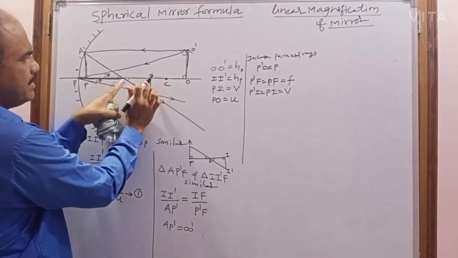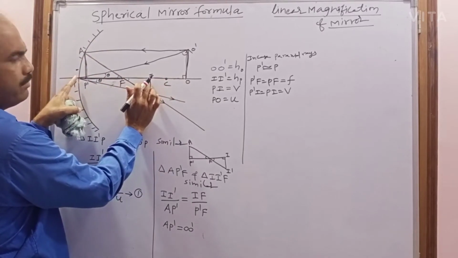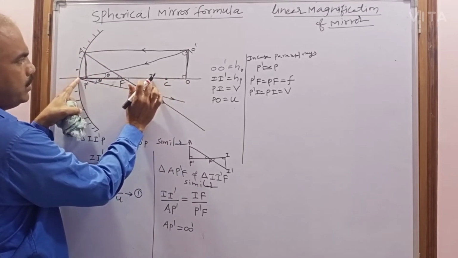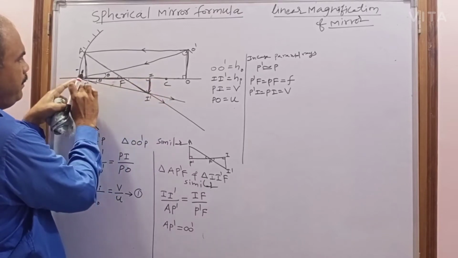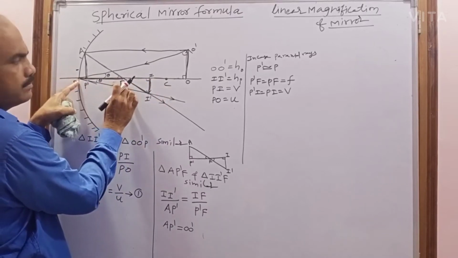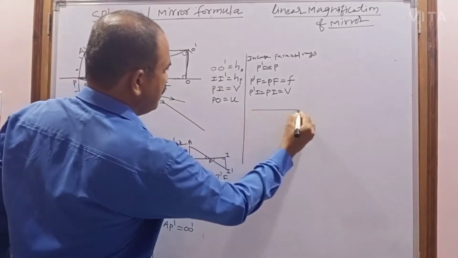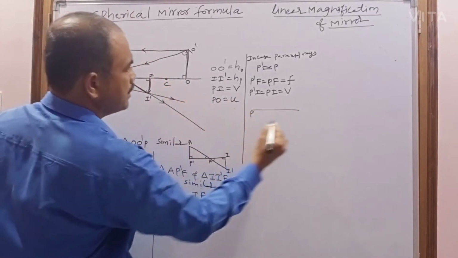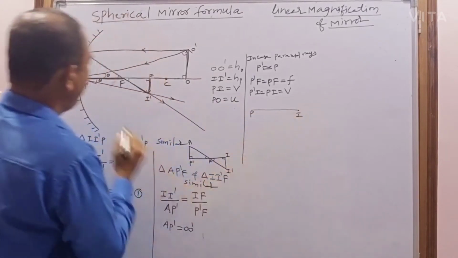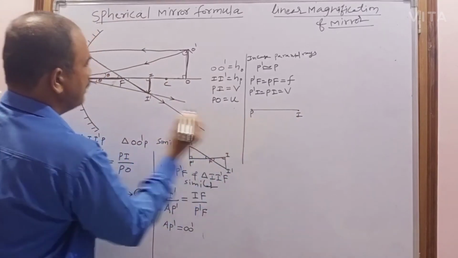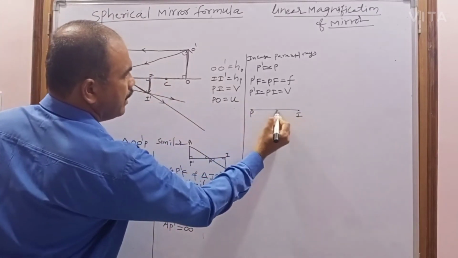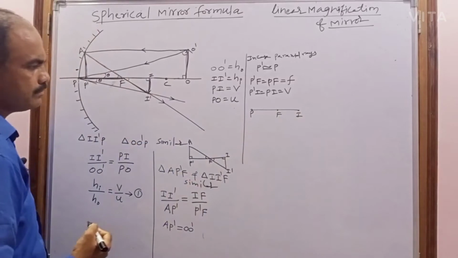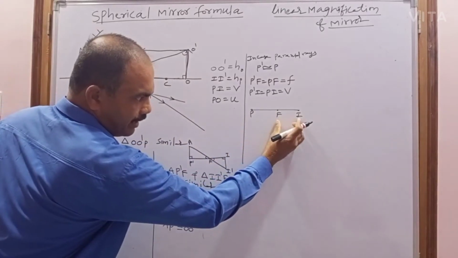So how can we get this IF? From P to I, the distance can be subtracted from the P to F distance. This is the actual PI. This is P and this is I. And here F is there. How do we get this IF distance?